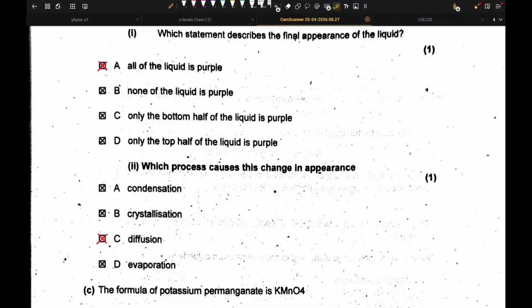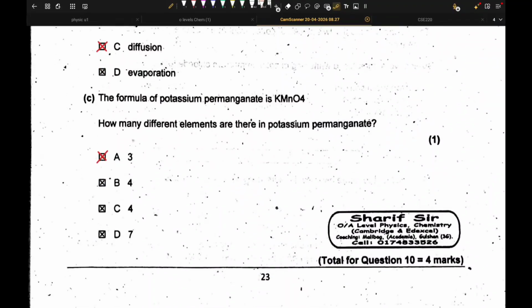What I mean to say is that when the concentration gradient stabilizes, that is when the diffusion stops. So if we leave it like that, all the liquid will turn purple. Which process causes this change in appearance? Definitely diffusion. The formula of potassium permanganate is KMnO4. How many different elements? Definitely potassium, manganese and oxygen. 3.